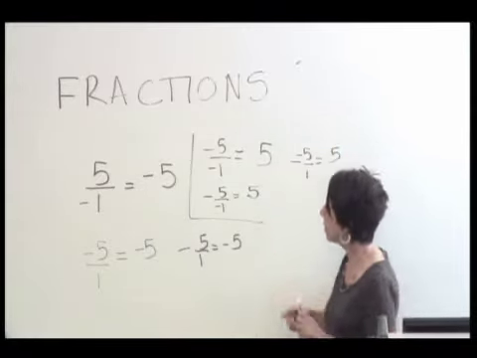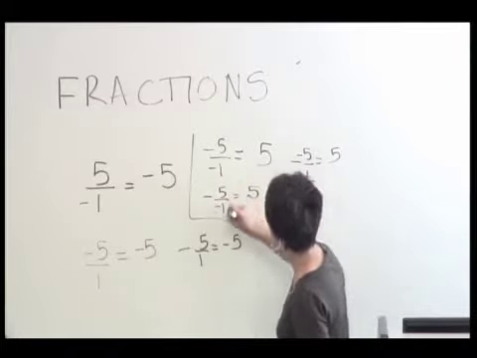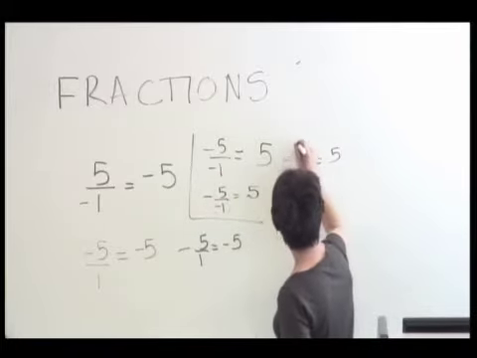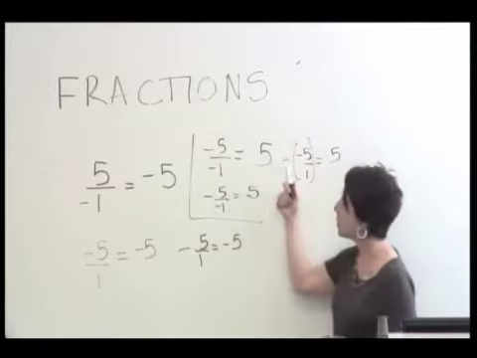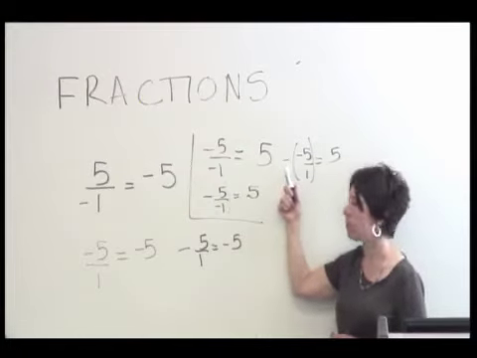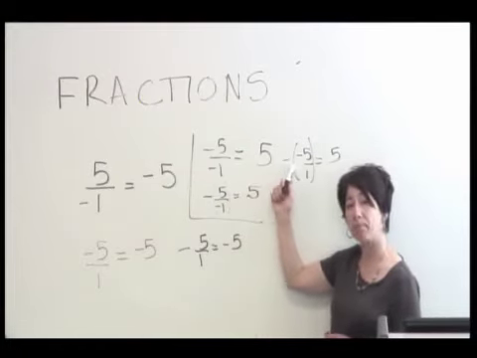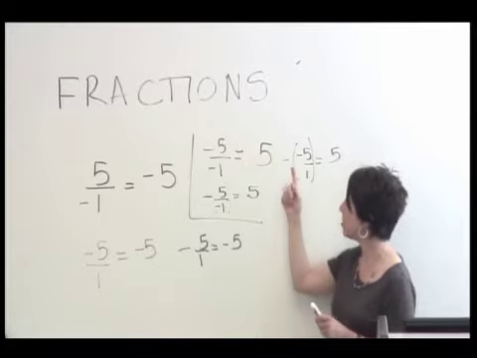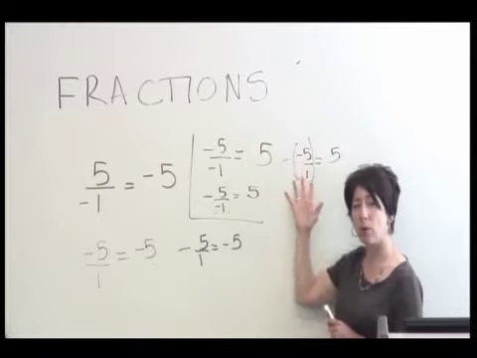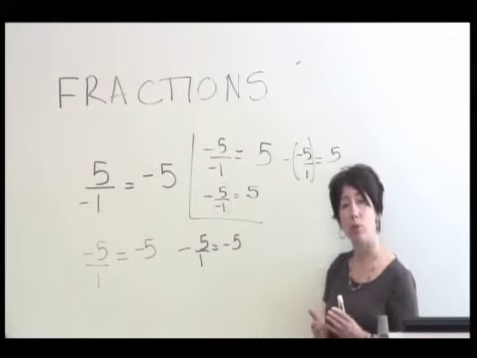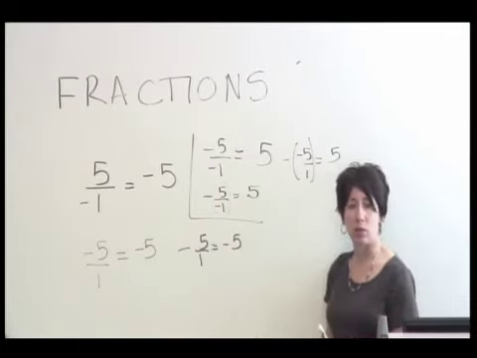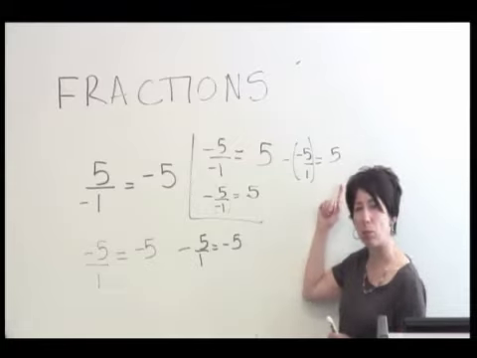So I don't think you'll really see too much of the negative in front, but you may. And so remember that this negative would be part of this whole operation here, this division operation. And so when you have 2 negative integers or negative numbers involved in a division, your final answer is going to be positive.